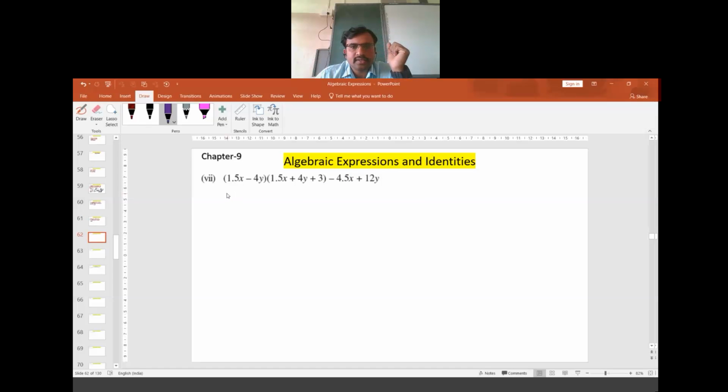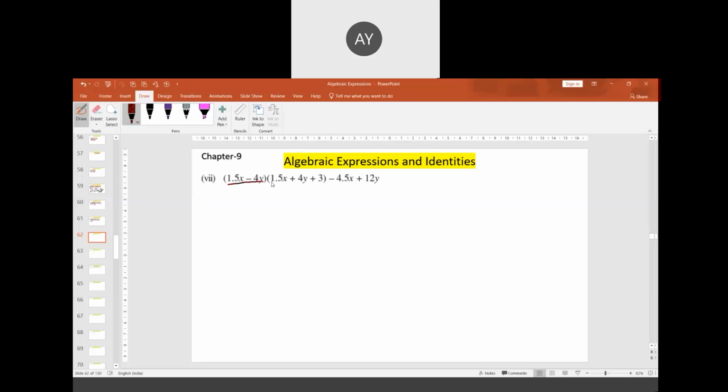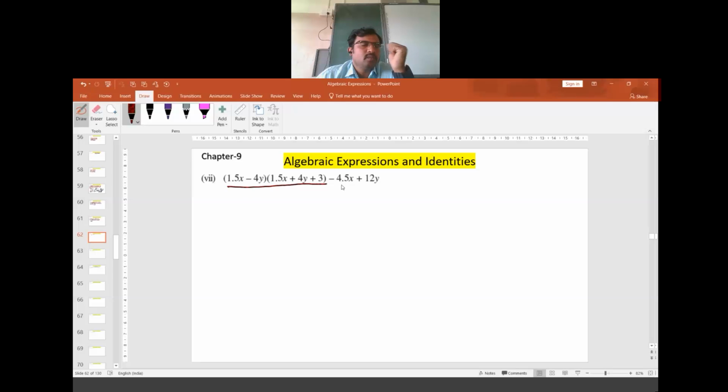Now, first we need to multiply these two terms. Then in continuation, we have to subtract 4.5x and add 12y.